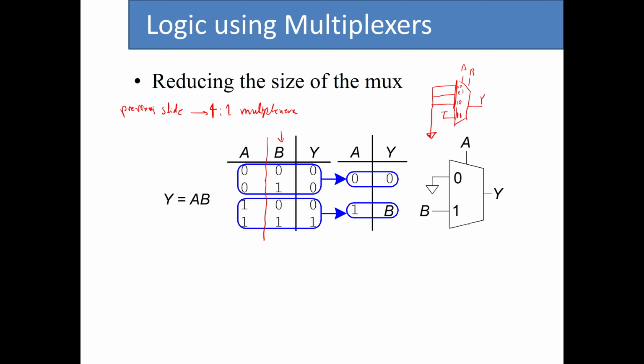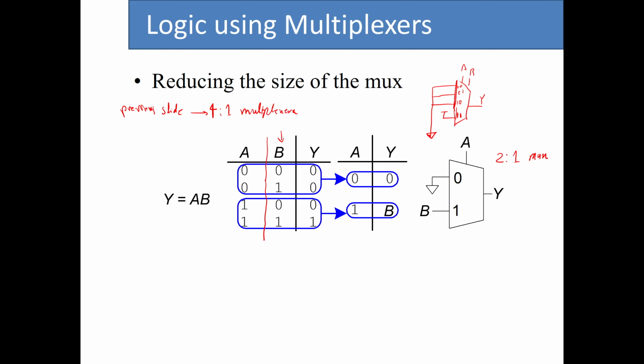For this one, we reduced the size of the multiplexer by a factor of 2. So here we did the same implementation using a 2 to 1 multiplexer. Here, as you can see, only variable A is chosen as the select input. And depending on the variable A, we either choose 0 to be delivered to the output, or we choose B to be delivered to the output.